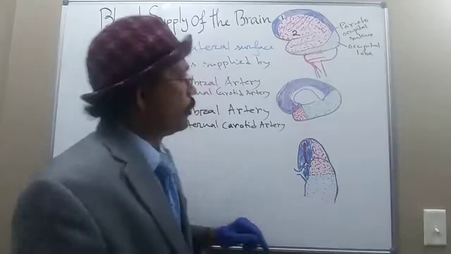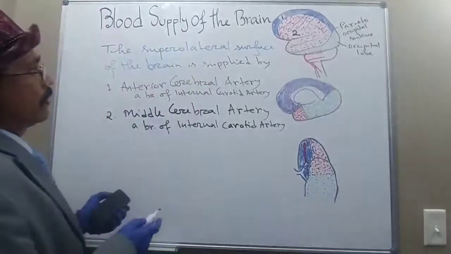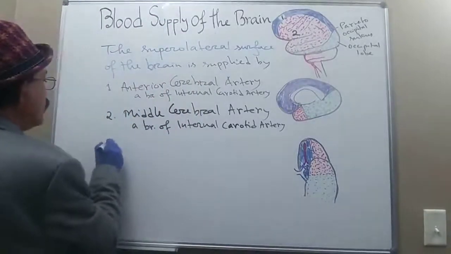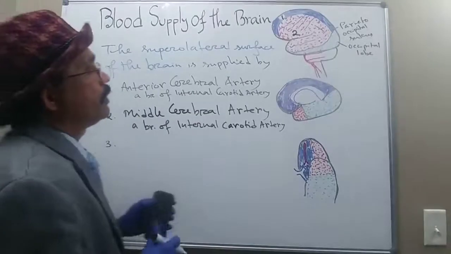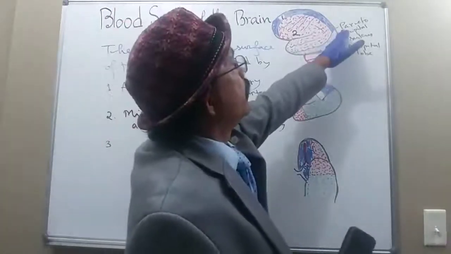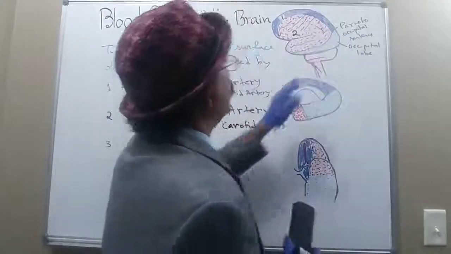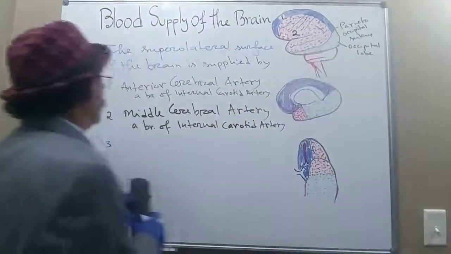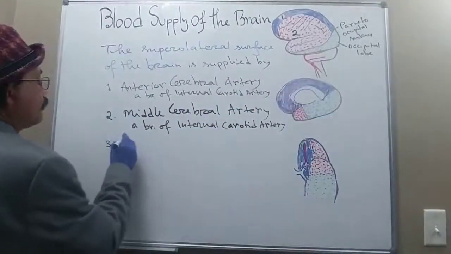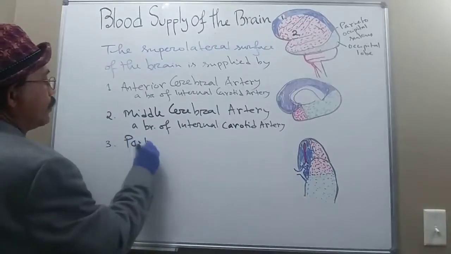So we got the area supplied by the middle cerebral artery. Then we go to these green dots. This is the occipital lobe, which is supplied by the posterior cerebral artery.